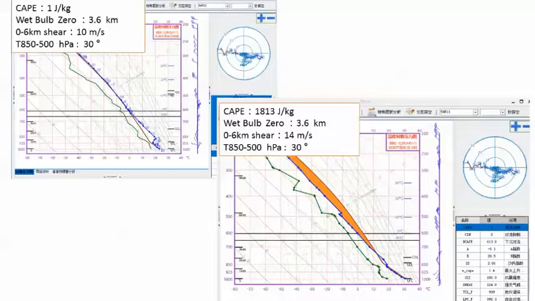The height of the wet-bulb temperature zero is 3.6 kilometers. The 0 to 6 kilometer shear is from 10 at 8 o'clock to 14 meters per second at 14 o'clock. So the shear in this circulation is not very strong, but CAPE is high, which suggests the organization of thunderstorms may be multi-cell organization.